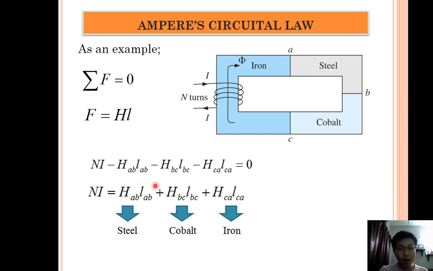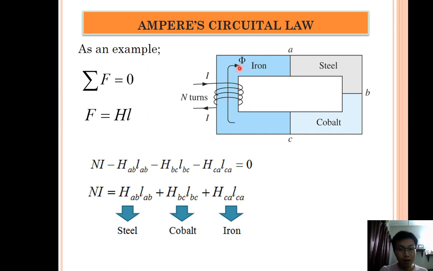By applying Ampere's circuital law, this coil will generate MMF, magnetomotive force, Ni. What is generated here will be distributed, whereby Ni equals H, the magnetic field intensity, plus the magnetic field crossing the length of the material.